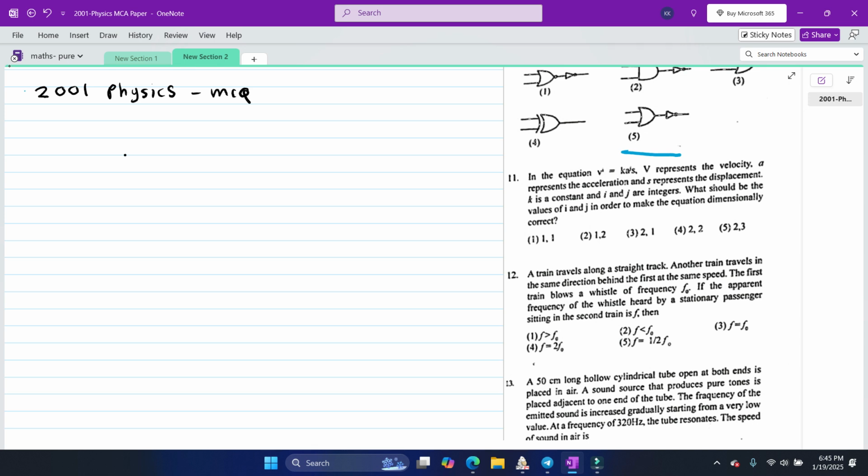So now we'll move on with the 11th question, that is measurements related to dimensions. The expression that they have given, this is the 11th question. V, I and J are vector representations.